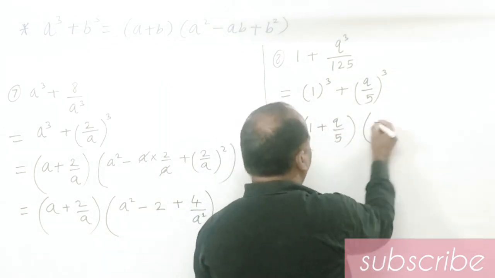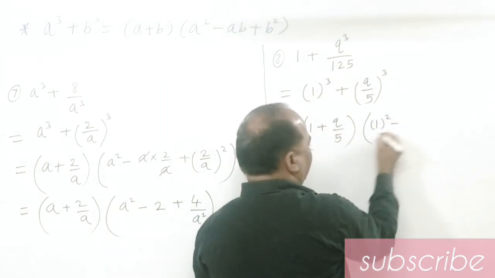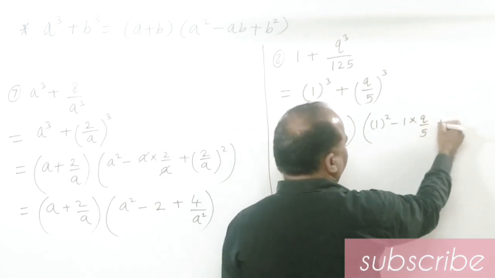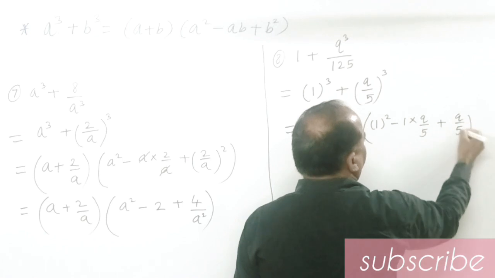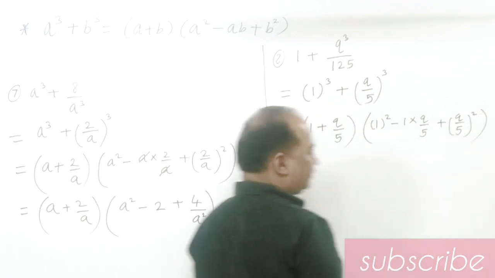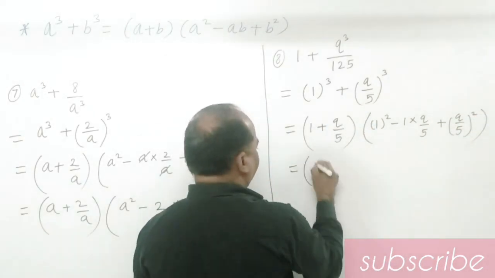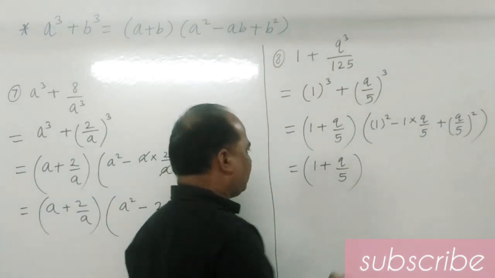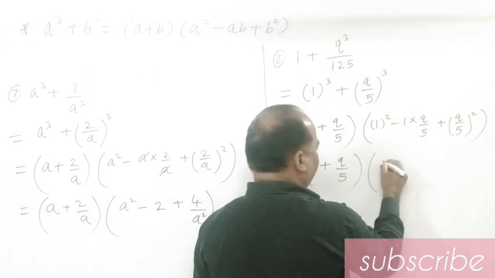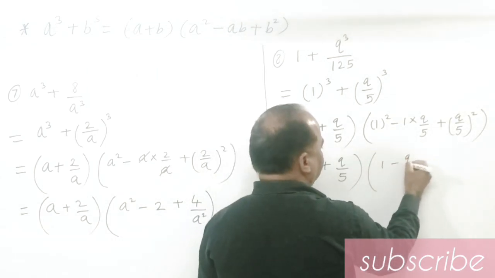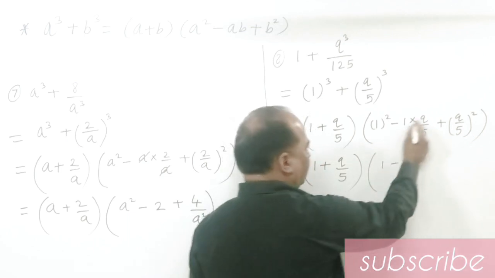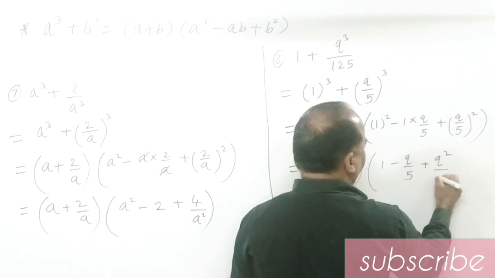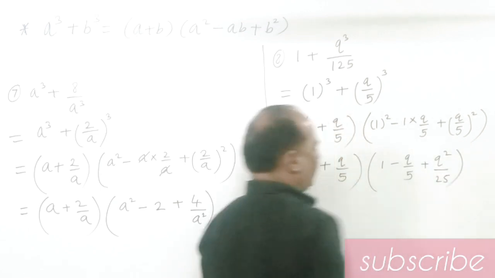So first a means 1 square, minus a into b, 1 into q upon 5, plus q upon 5 bracket square, is equal to first bracket 1 plus q upon 5 and second bracket 1 square is 1, minus 1 into q is q upon 5, plus q square upon 5 square is 25.